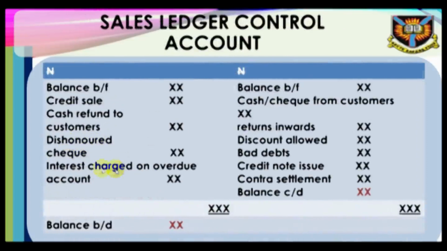On the credit side, we have balance brought forward, cash and check from customers, return inward, discount allowed, bad debt, credit note issued, contra settlement, and then we have balance carried down, and then the balance brought down is reflected on the debit side.